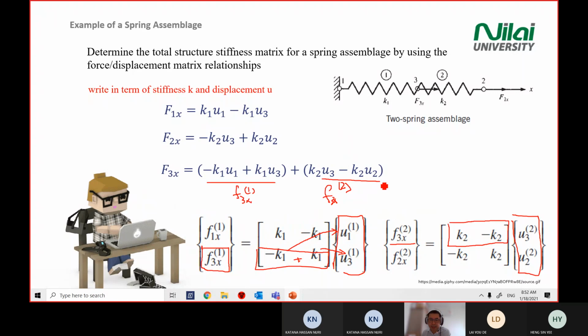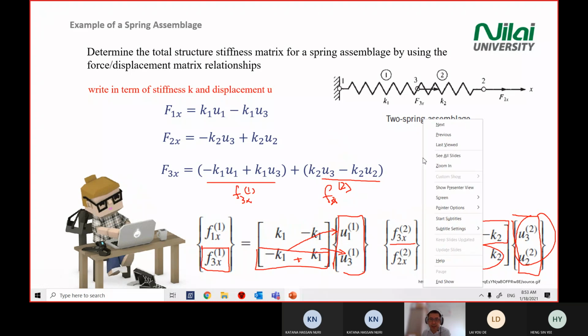You'll get this one. Okay, K2 times U3 plus negative K2 times U2, you get this one. Then followed by F2, right, take this one times this one, you get this one.